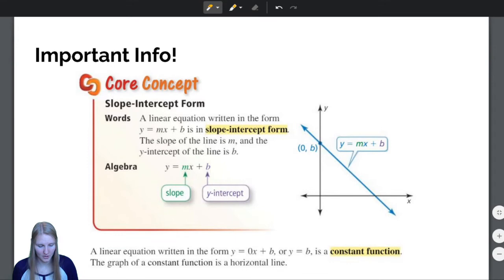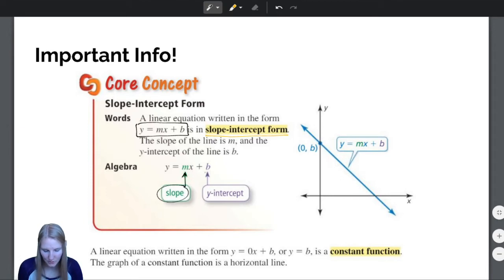Quickly, we are going to review slope-intercept form, of course, because 4.1 is all about slope-intercept form. Remember, slope-intercept form is y equals mx plus b. M is the slope, b is the y-intercept.